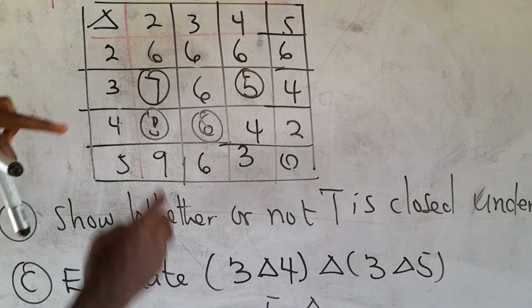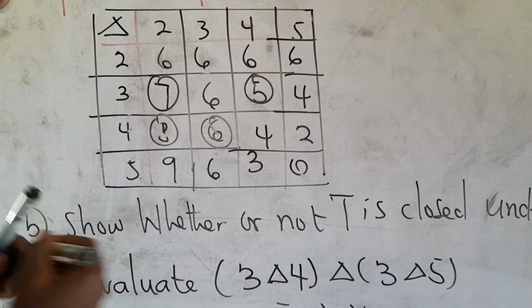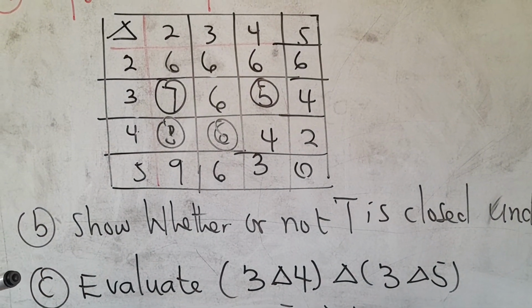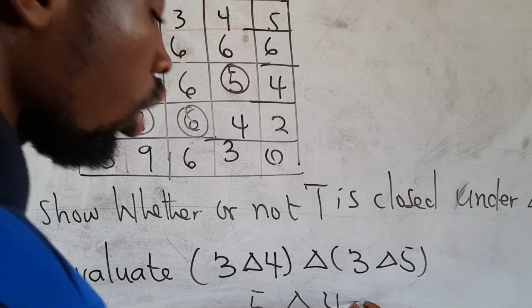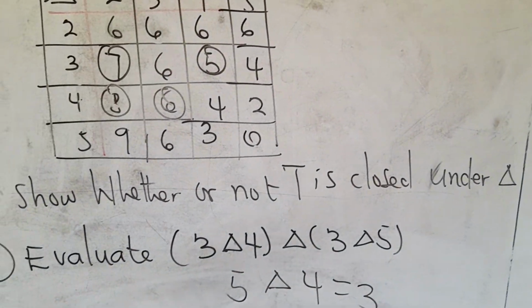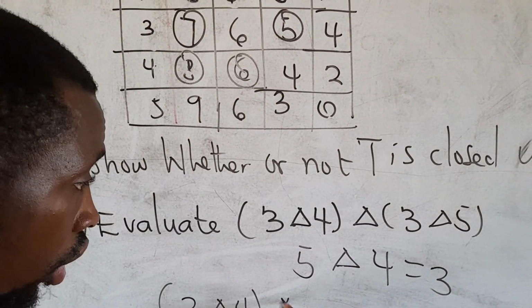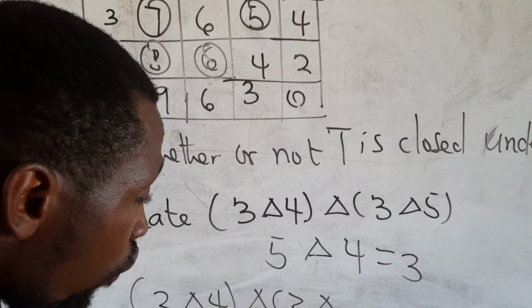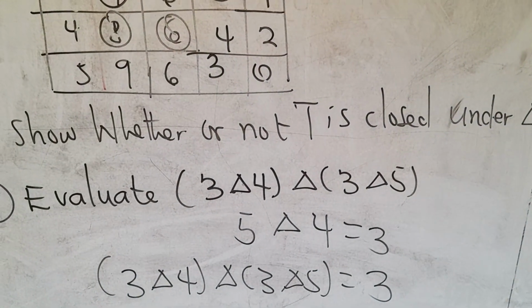Now 3 delta 5. 3 delta 5 is 4. So 4. Now we find 5 delta 4. 5 delta 4 is 3. That will be 3. So we can say that (3 delta 4) delta (3 delta 5) is equal to 3, just by using the table.